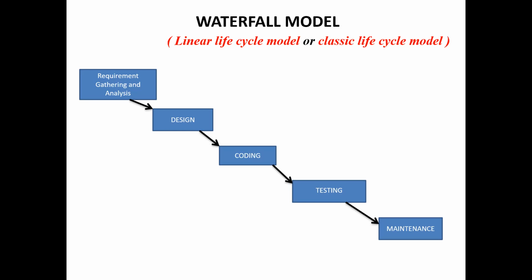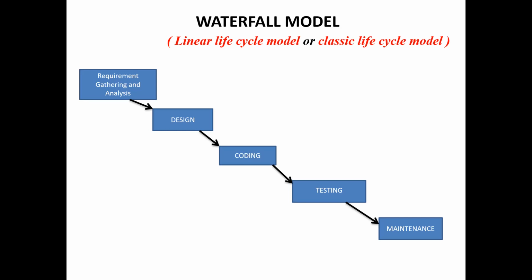Maintenance is the longest life cycle phase. When the system is installed and put into practical use, errors may get introduced. Correcting such errors and putting it in use is the major purpose of maintenance activity.